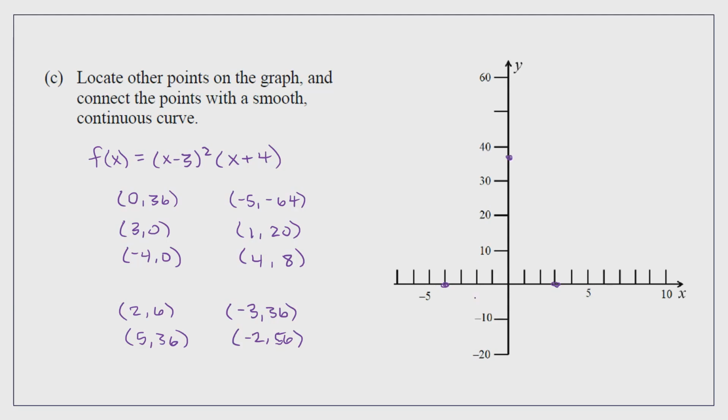And then I have -5 and -64. Well, 64 is not on my graph, so that might be a little hard to plot. So let's plot another value. All right, so we're going to do 1 and 20.